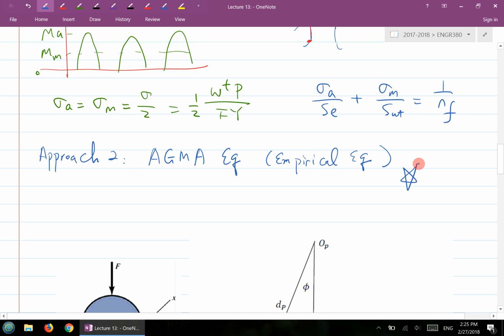Now, up to here, what we have covered are the concepts on normal stress at the root location due to this bending moment. But I did mention that there's another type of failure for gears, which is basically the surface failure.